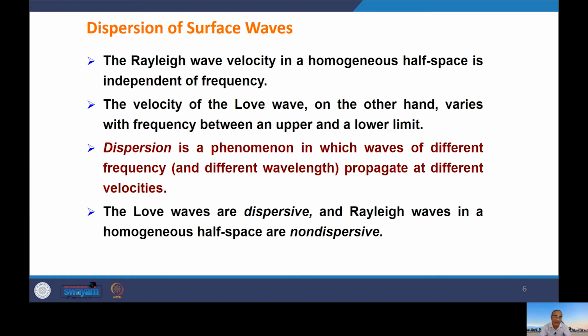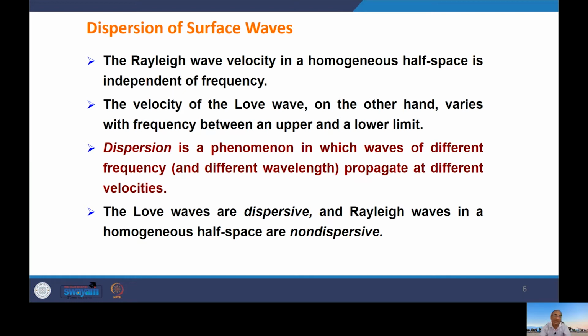So what is dispersion? Dispersion is a phenomenon in which waves of different frequency, or at different wavelength, propagate at different velocities. It means if you change the frequency of the wave, then its velocity will also change. This phenomenon is called dispersion. Love waves are dispersive in nature, and Rayleigh waves in a homogeneous half space are non-dispersive.